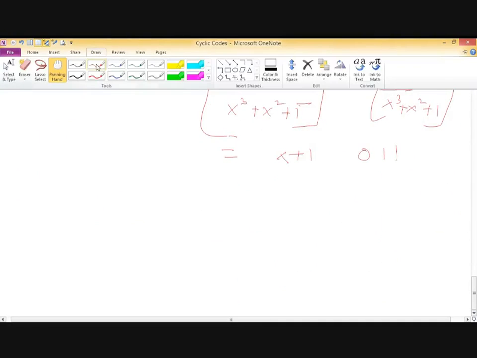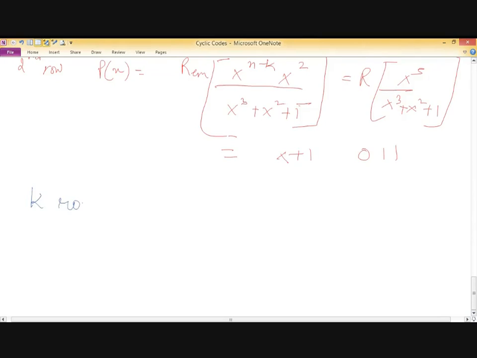So you have to continue till k rows. The kth row will be remainder of x to the power of n minus k into 1, divided by x cube plus x square plus 1. So you will be getting the last row.